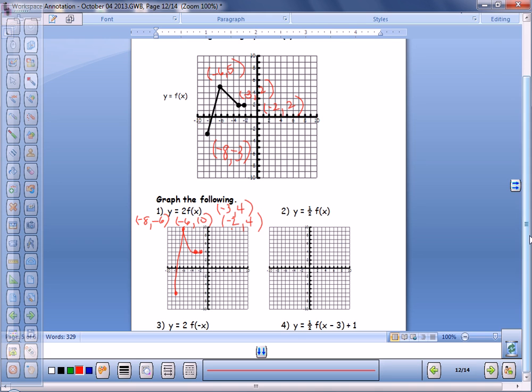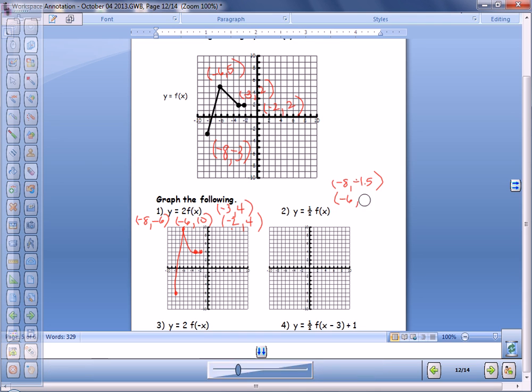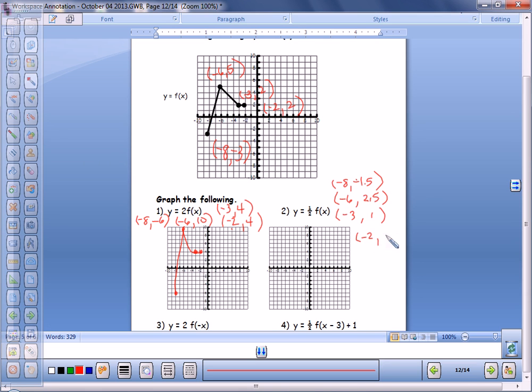Okay, if we were to take half of them, you'd go back up here, take each of these ordered pairs, and do half. So we would get the ordered pairs, negative 8, negative 1.5. Negative 6, positive 2.5, excuse me. Negative 3, 1. Negative 2, 1.